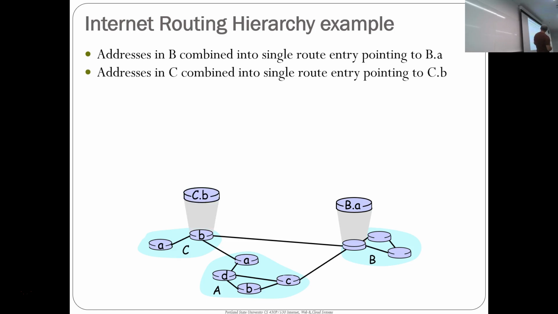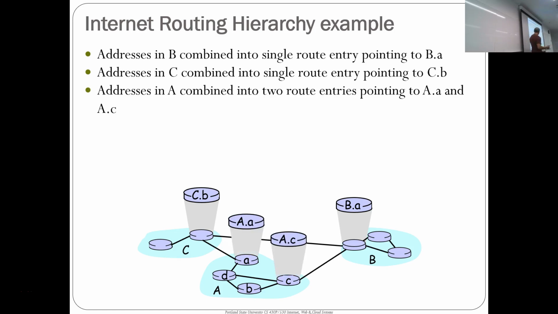Similarly, for C, you can take C and the border router for C, and that will hide all of the hosts within C. So B doesn't need the specific information on C. And then the same thing with A. A has two border routers, so rather than having 4 entries in the route table, you would have 2 entries, and the topology on the inside would be hidden from the external.